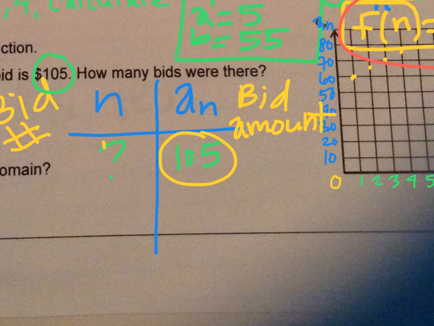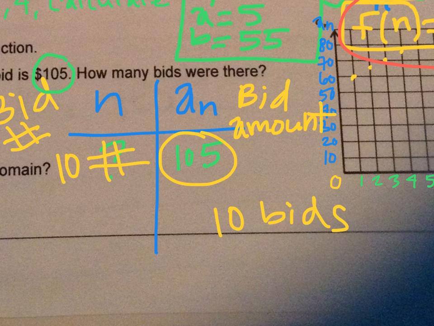And whatever this number is that goes with 105, that is our answer. Okay, so when I scrolled in the calculator, I found that the n number, or the x value that goes with the 105 and the an, or in other words the y value, was 10. So there were 10 bids when the bid amount was $105.